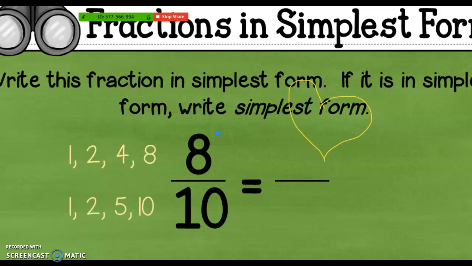Now we need to find the greatest common factor, which in this case is Ava. Can you tell me? Ava Nichols, can you tell me what the greatest common factor is for these two numbers? Great, okay, 2.